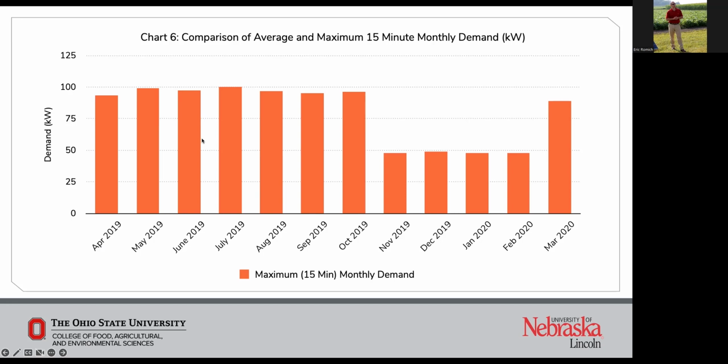They put that right on the bill, and that's basically what this chart shows: the highest demand for every month. What that doesn't tell us, though, is what's triggering it. We know what the demand is, but we don't necessarily know what's causing it. That's why we have installed these meters: to do a deeper dive and understand what operations are triggering that demand.